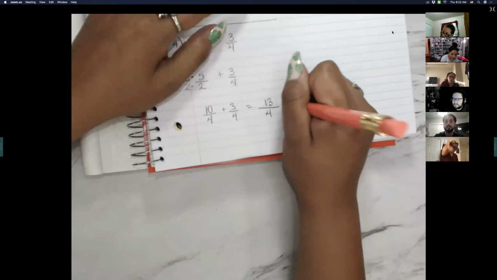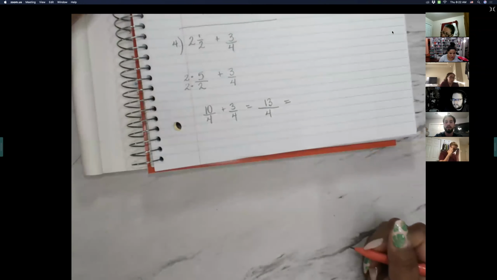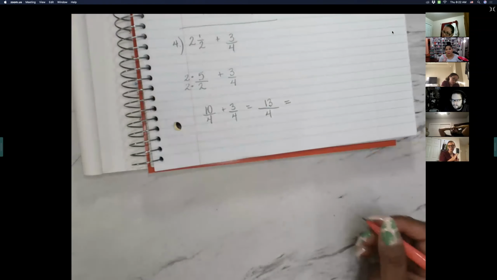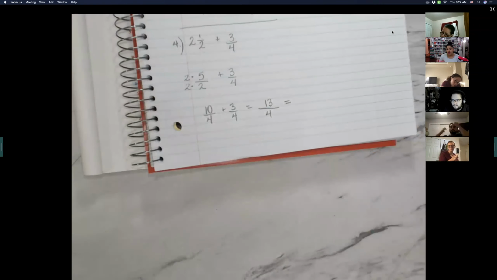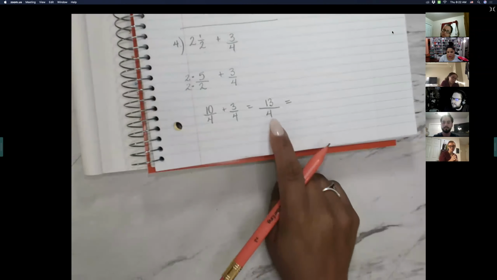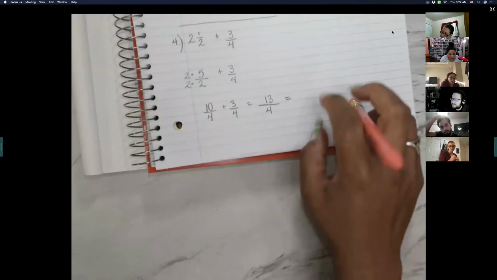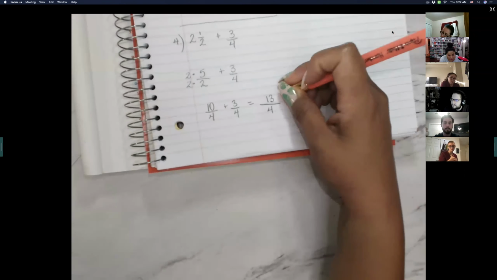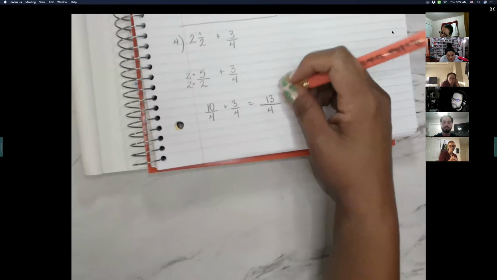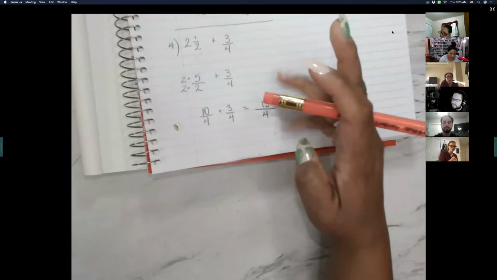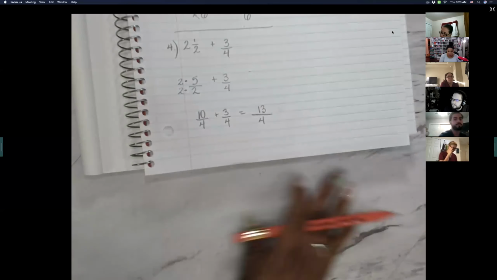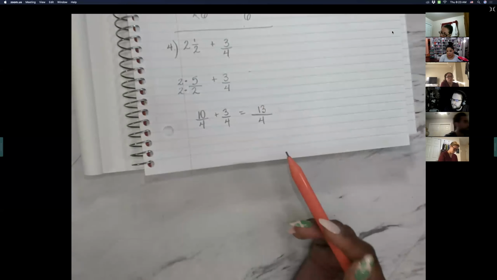Okay. Would you do what you did in the beginning with the division? 13 divided by 4? Okay, see? Perfect. I like that you said this. So when I ask, can we reduce this to lower terms, it means, can I divide both of these numbers by another number to get this fraction into lower terms? Right now, I can't.